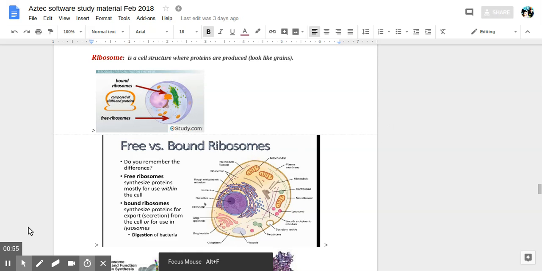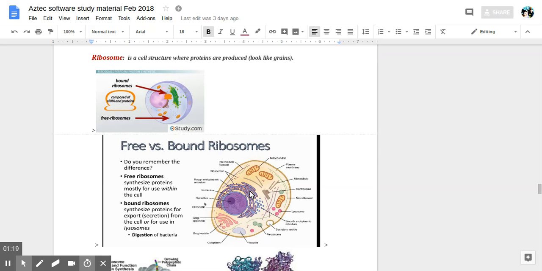These are the ribosomes that are bound to the membranes of the endoplasmic reticulum, which is connected to the outer membrane of the cell nucleus.